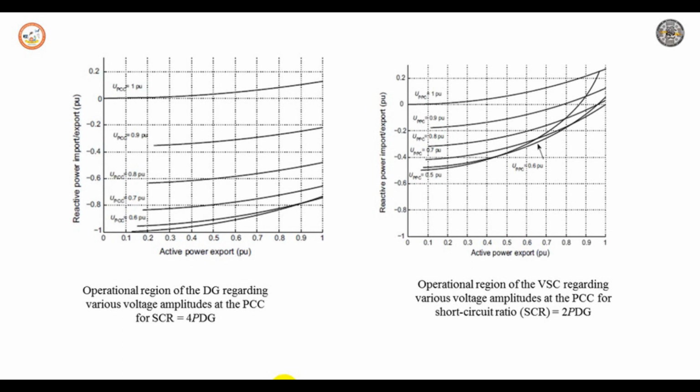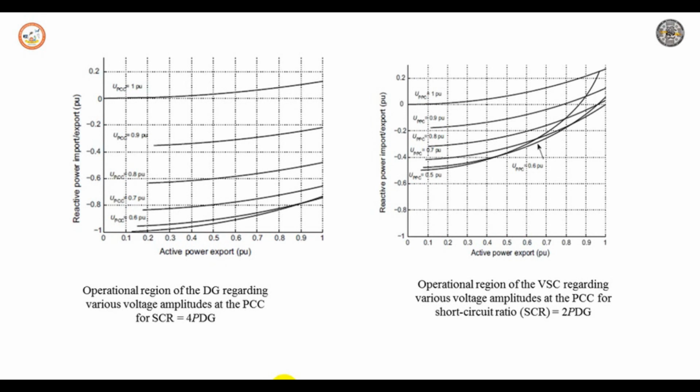A different solution may result for a higher short circuit impedance. The power circle for a short circuit ratio of 2 P_DG is shown in the figure. It is obvious that the reactive power needed for voltage compensation is lower than in the case with short circuit ratio 4 P_DG.